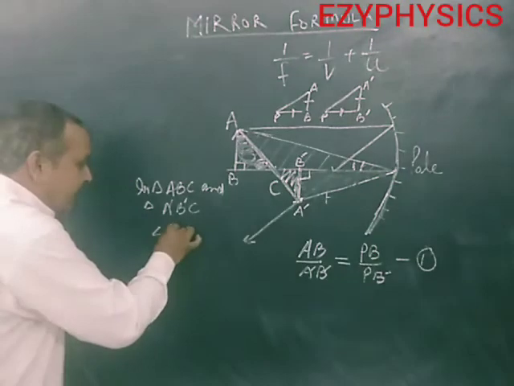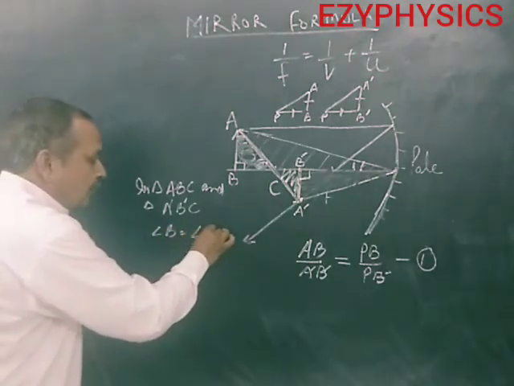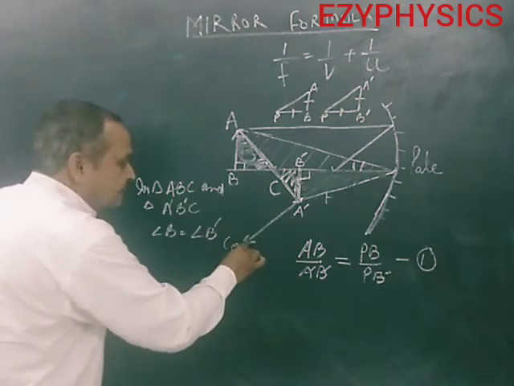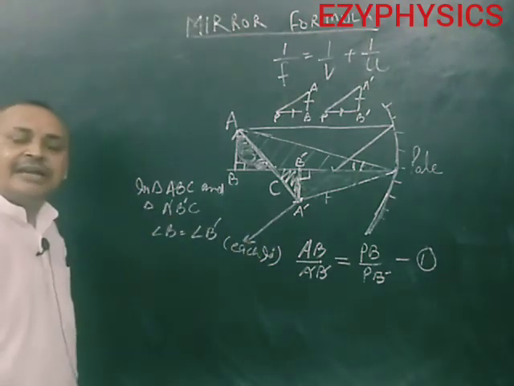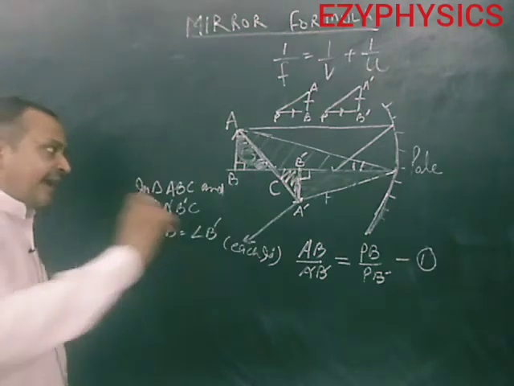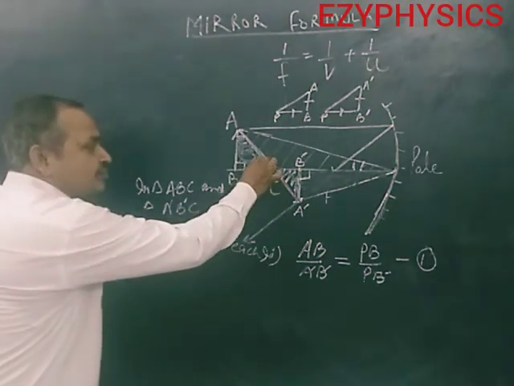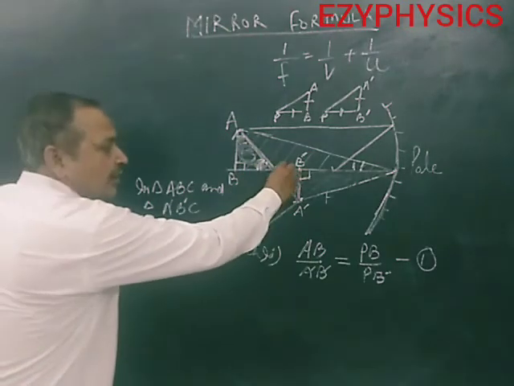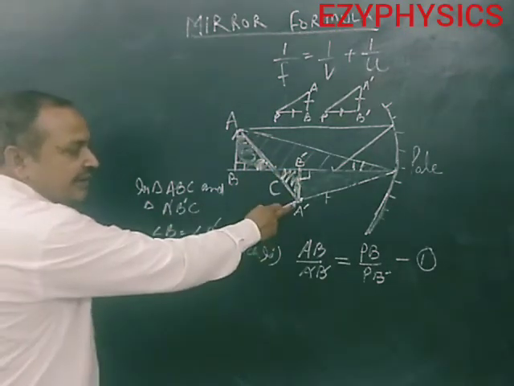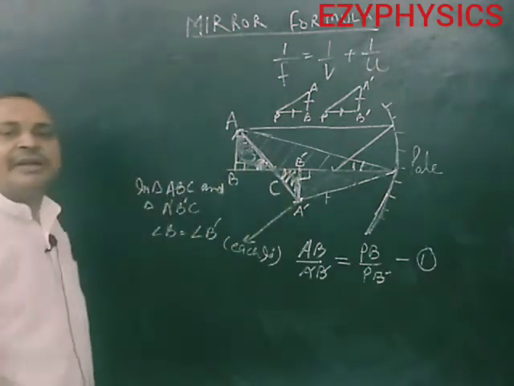That means angle B is equal to angle B', for the same reason, each 90 degrees. Again this angle C, that means ACB, is equal to this angle C, A'CB'.